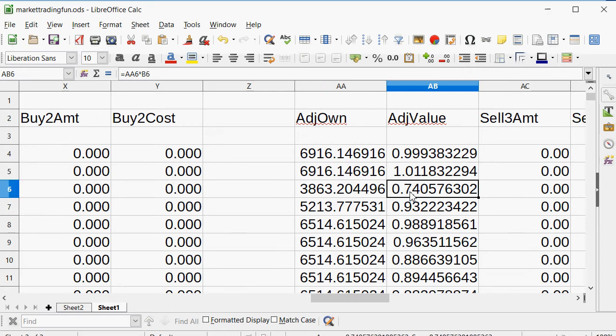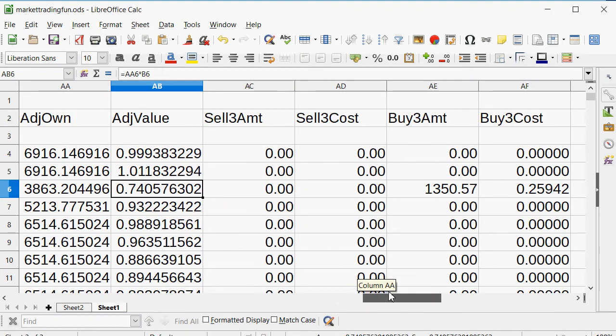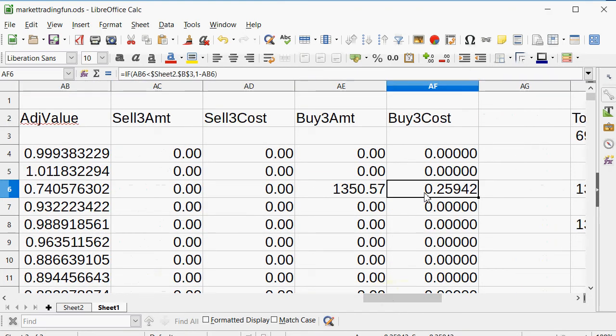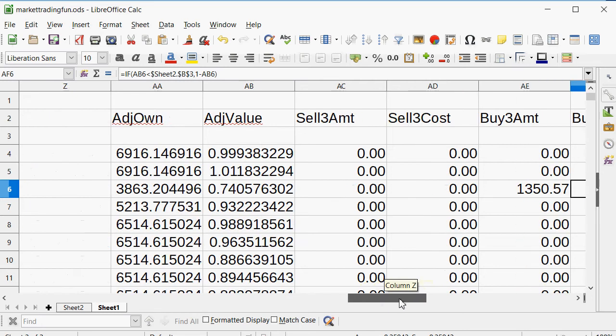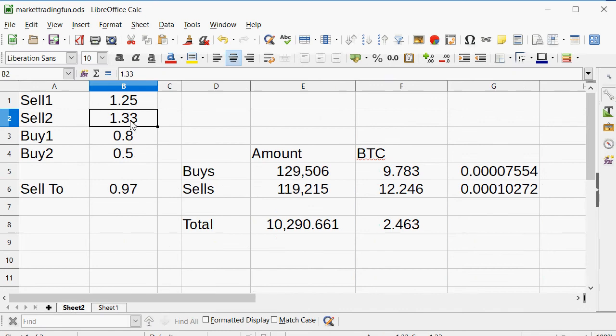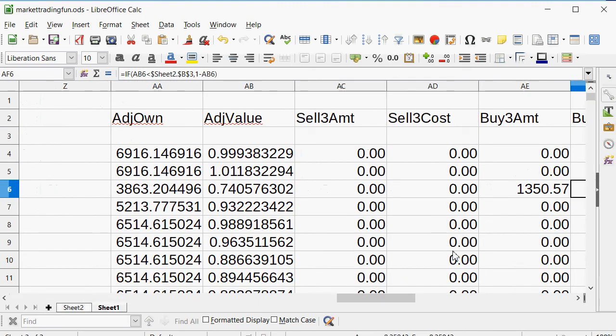So on this day, the market went down pretty big, and it was still worth 0.74. So I was pretty much forced to buy 0.25-ish worth, which is what it did right here. Because it asked the computer, okay, is it in situation? Is it below that number? So is it above 1.25 or below 0.8?